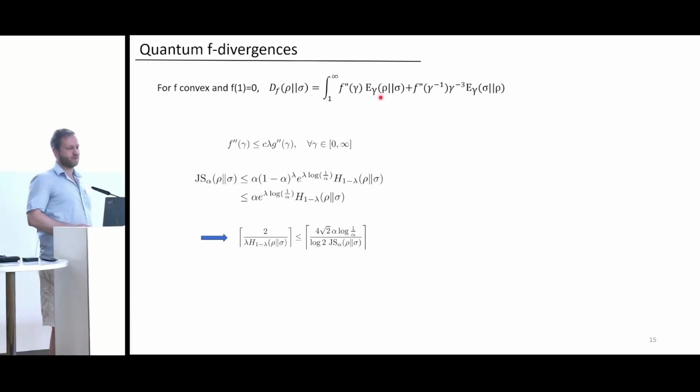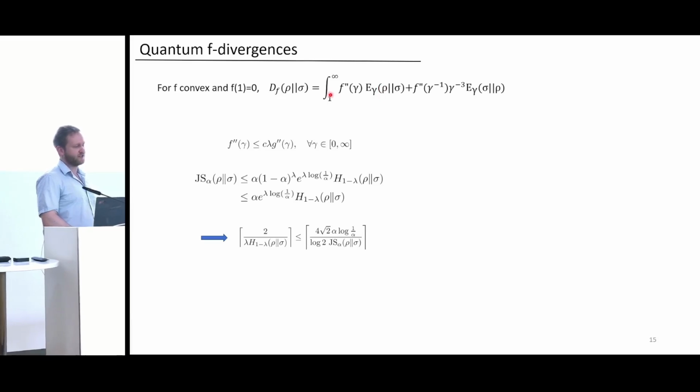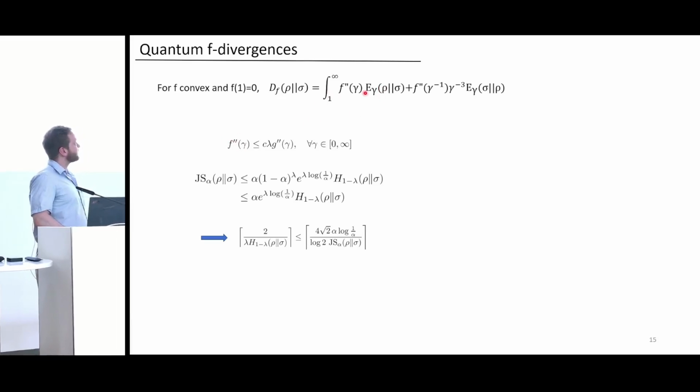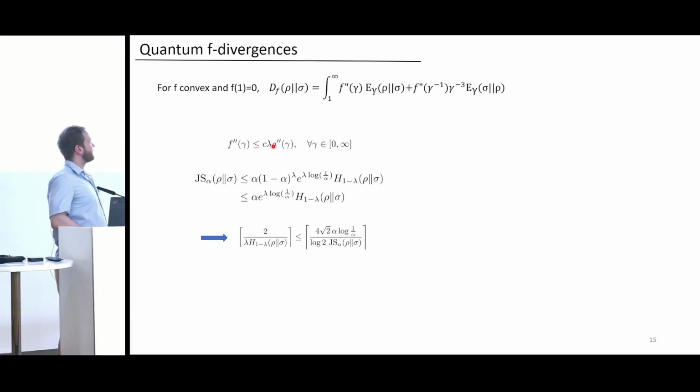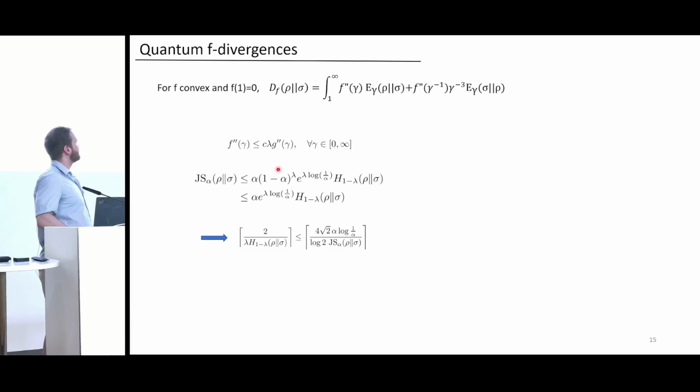So if I want to prove an inequality for these divergences, I can do that essentially by just looking at the function f to relate it to a different divergence. In particular, I can just bound the second derivatives of two functions by each other, finding a good constant c such that these inequalities hold, and I prove new inequalities that way. It's quite intuitive, quite obvious.